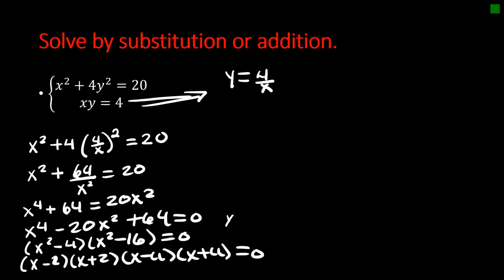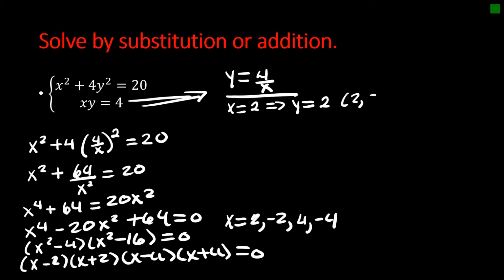So we get here that x is going to be 2, negative 2, 4, and negative 4. And we need to find y values for all of those. So we use y equals 4 over x. If x is 2, then we have y is 4 over 2, which is 2. So we have a point 2 comma 2.